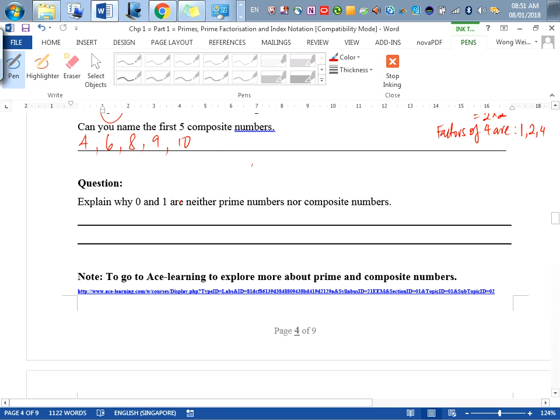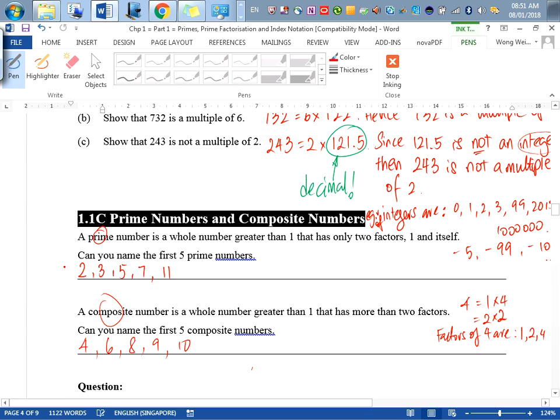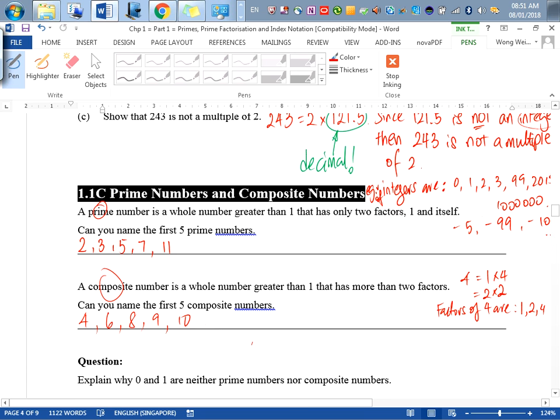Okay, explain why 0 and 1 are not prime and not composite numbers. Why is it that I don't have a 0 over here? Why is it that I don't have 1 over here?